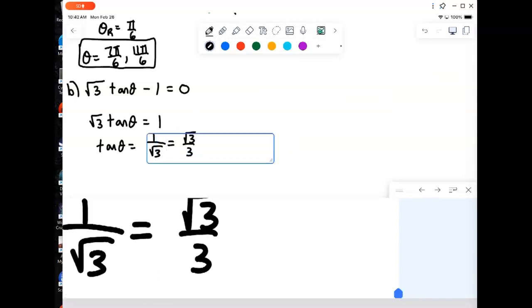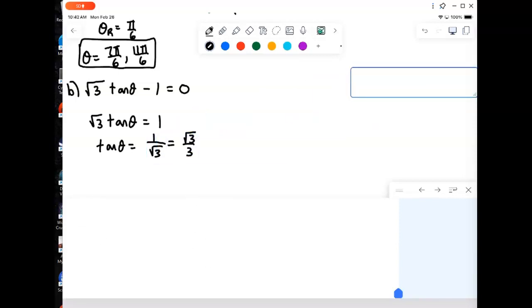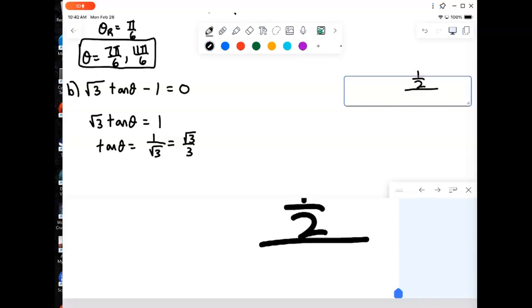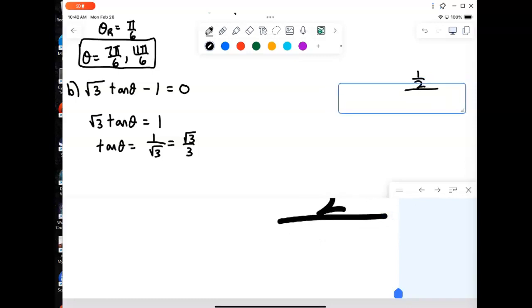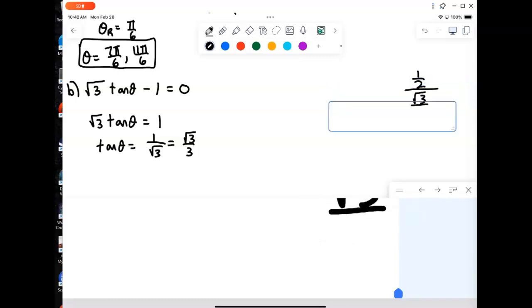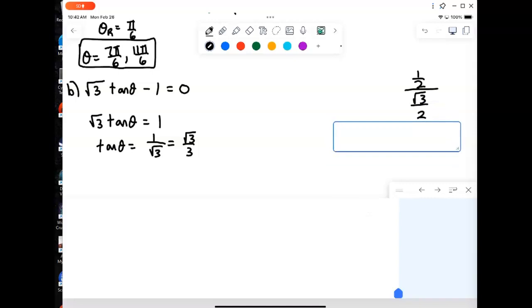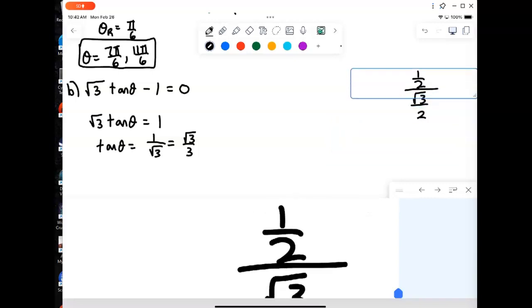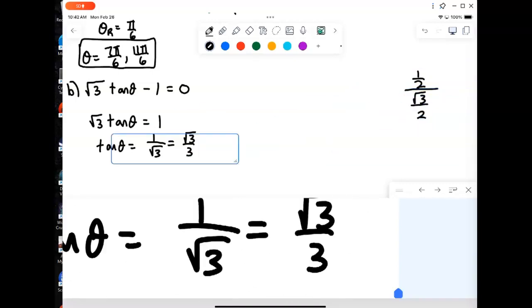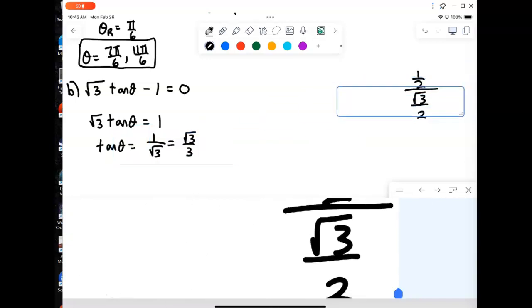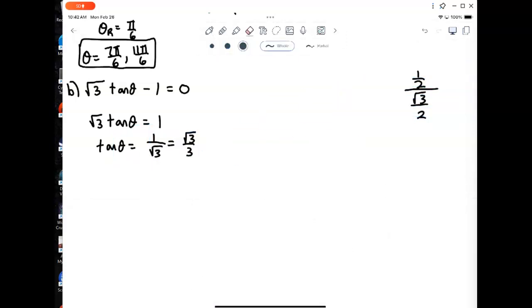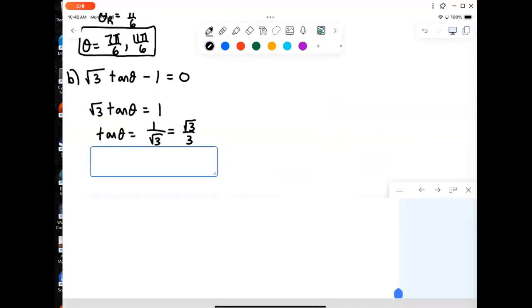Sine of pi over 6 is 1/2, and cosine of pi over 6 is square root of 3 over 2. The halves would go away, and we have 1 over square root of 3, so therefore pi over 6 is the one we want. So our reference angle here is pi over 6.